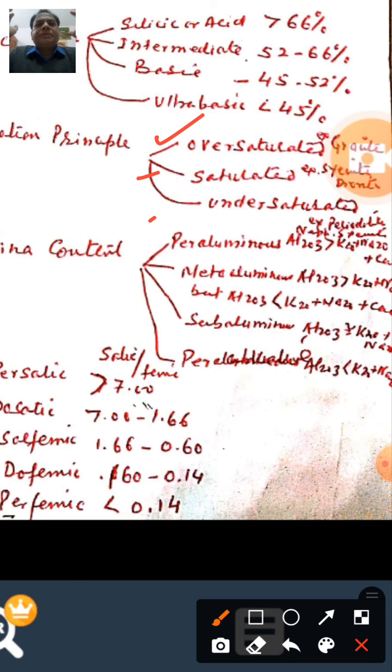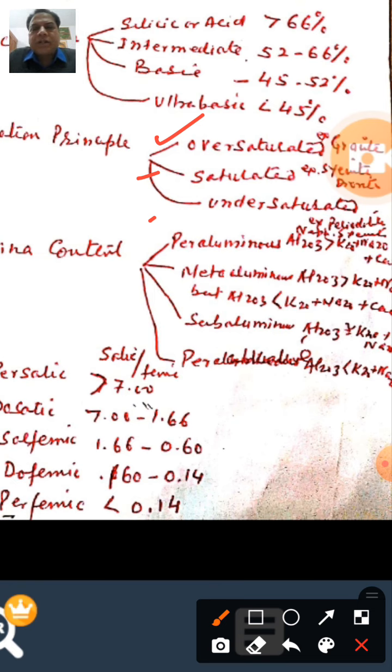Now the saturation principle says that the minerals are divided into two categories, saturated and unsaturated. The minerals which are capable of existing in the presence of free silica are called saturated minerals.